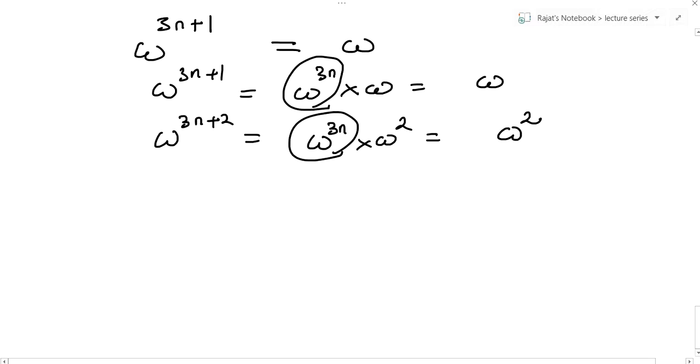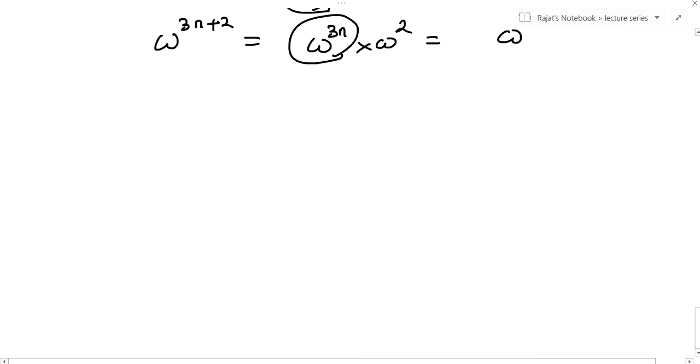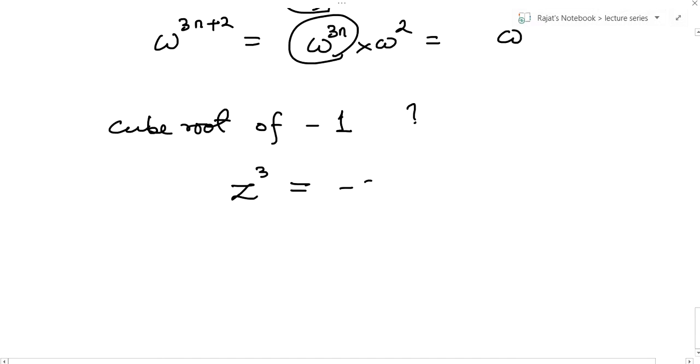Next, another property is, and it's not specifically a property of omega, but we often use it, and that is, what is the cube root of minus 1? Suppose z cube is equal to minus 1, where z is the cube root of minus 1.